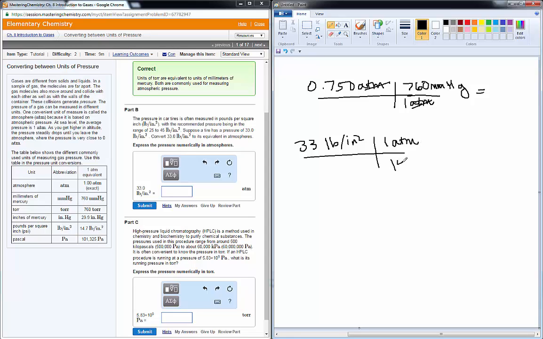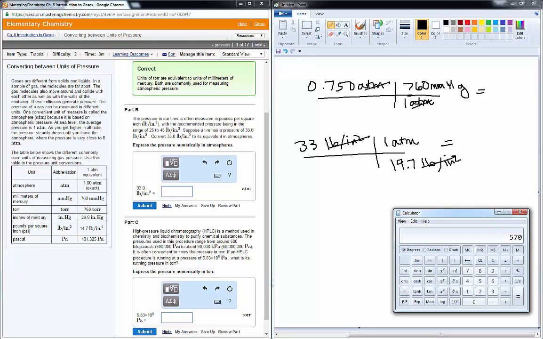Atmospheres on top, since that's what we want, 14.7 pounds per square inch on the bottom, so those will cancel. And I get 2.24 atmospheres.